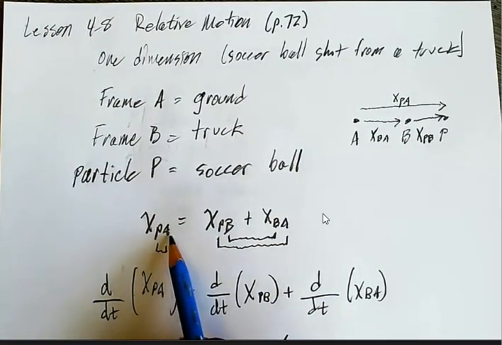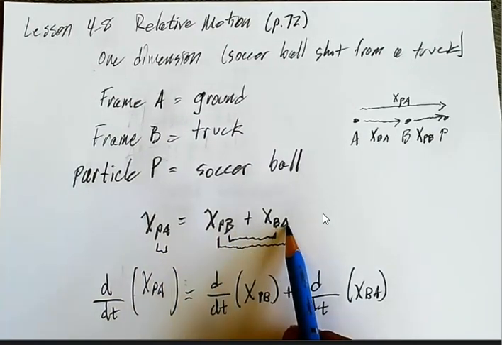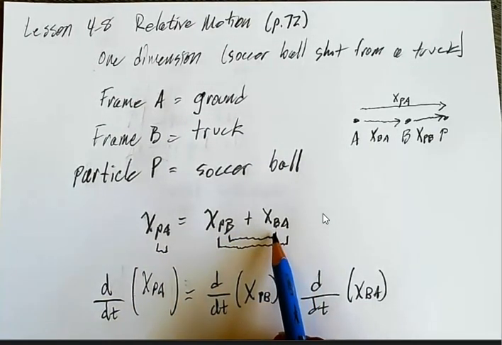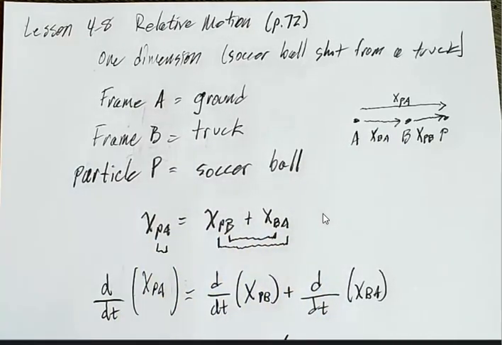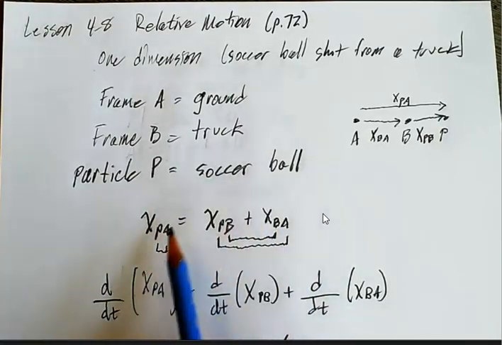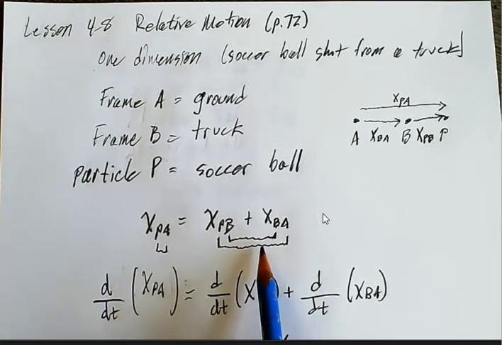So if this is P with respect to A, then here's P, the first subscript, here's A, the last subscript, and internally those subscripts are both B, they're the same. So if you follow that little rule, it kind of makes it easy and mindless to set it up, so you can know you got it correct.